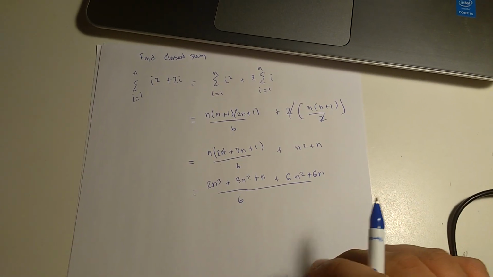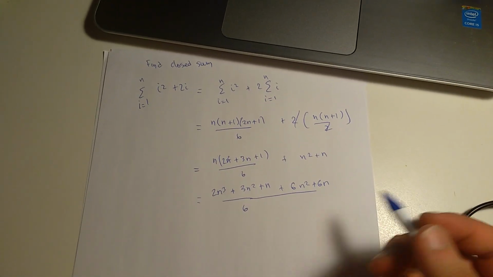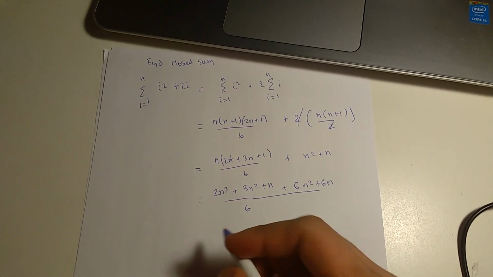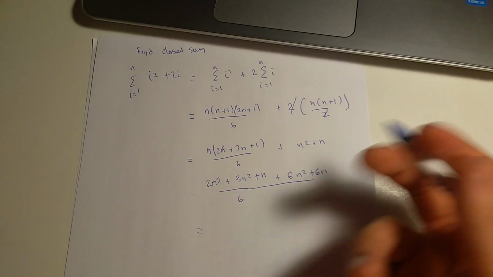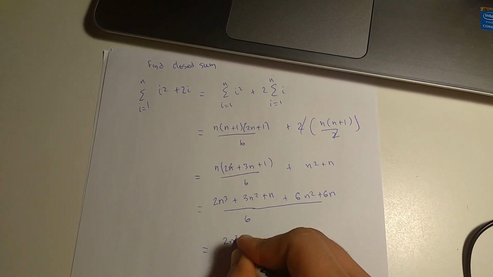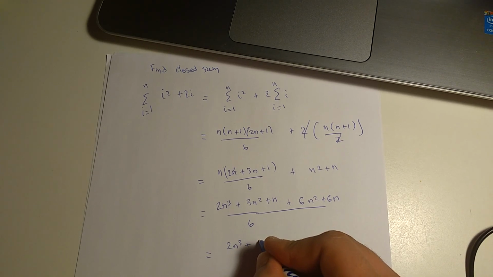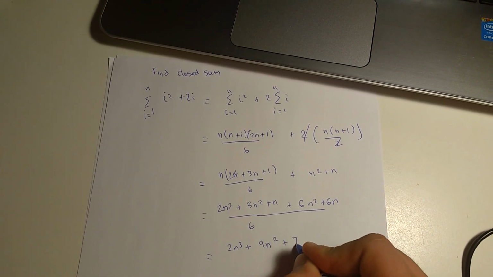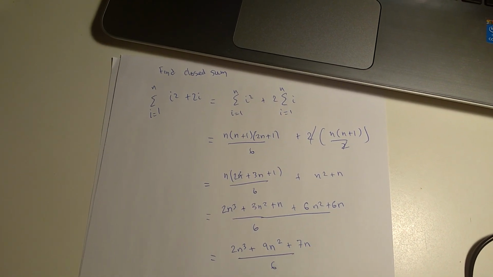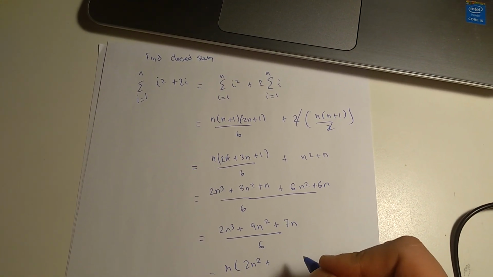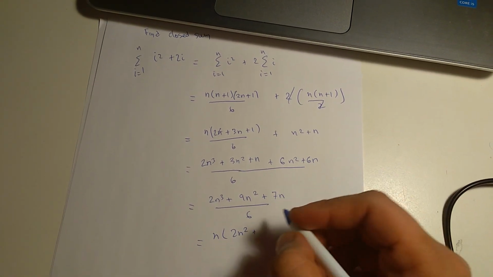And then we can add the common terms, or you can factor out an n. But I'm going to add the common terms first. Over 6, factoring n. Okay, factoring n.